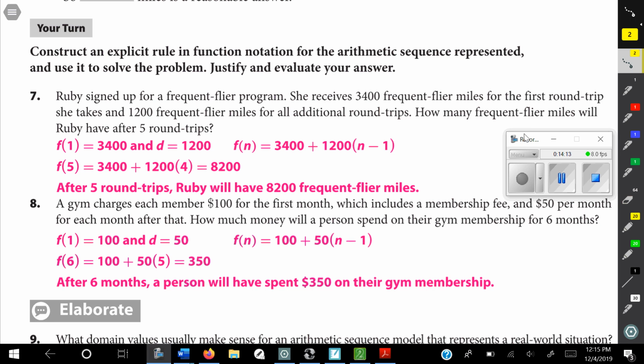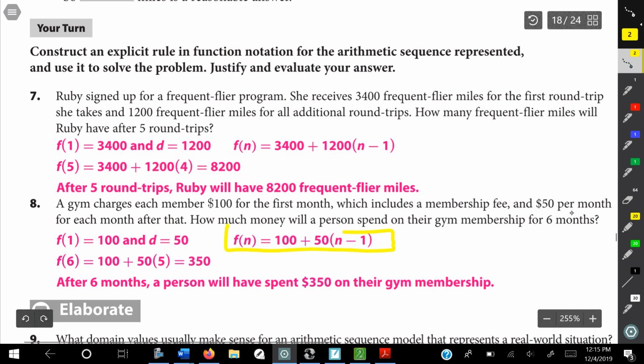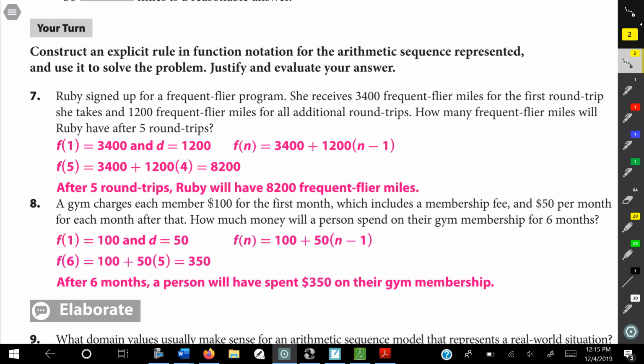Okay, so the first term in this one is 100, and it makes a change every month by $50. And then how much a person would spend after 6 months, you would plug that 6 into your explicit formula, which is here, and get 350. So after 6 months, a person would have spent $350 on a gym membership.